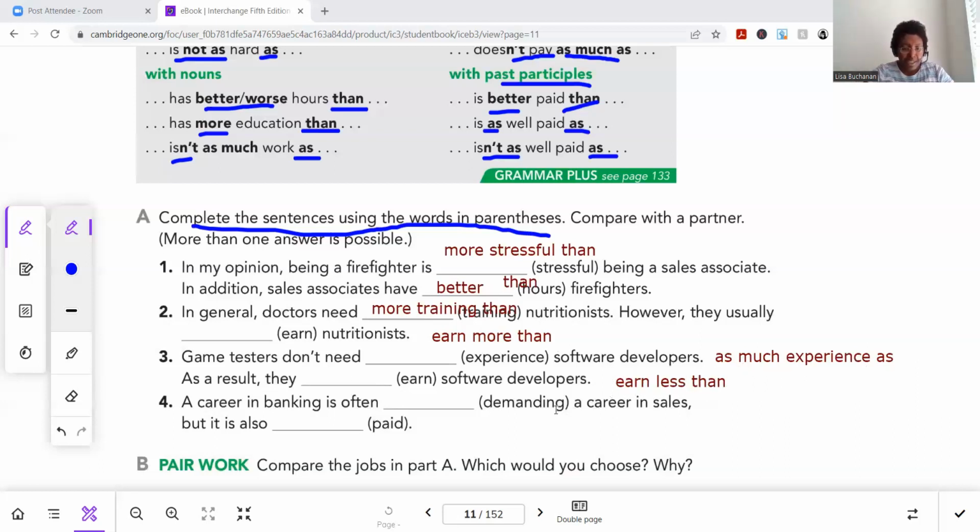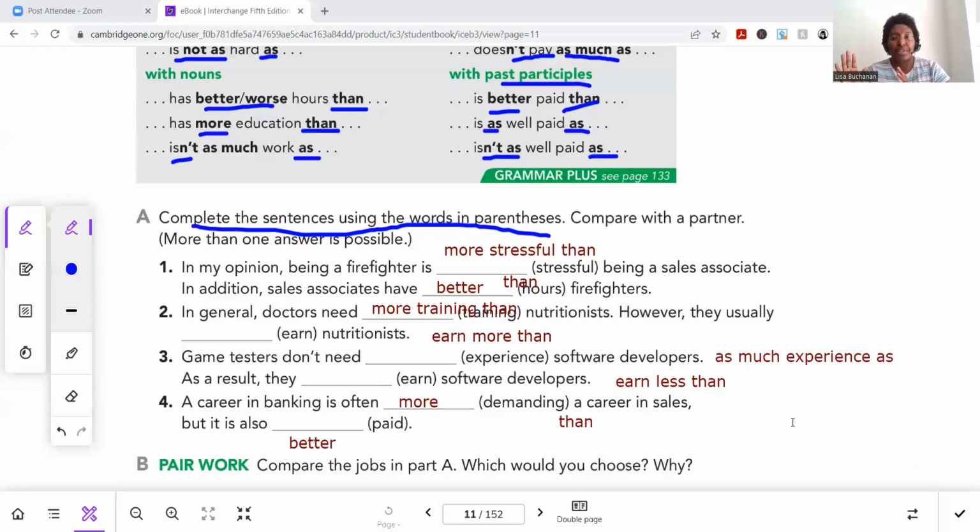A career in banking is often more demanding than a career in sales, but it is also better paid.